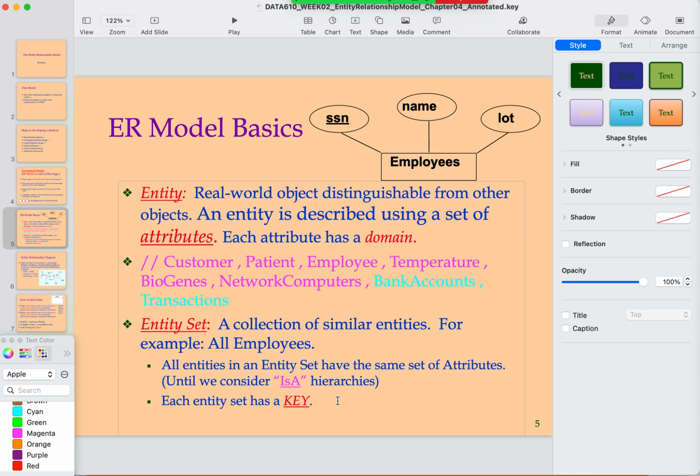So there is a unique number for that employee that only this employee has, and that's called an ID. Or for example, for a customer or for a patient, it can be a social security number. It's going to be some number or customer ID that uniquely identifies this entity.